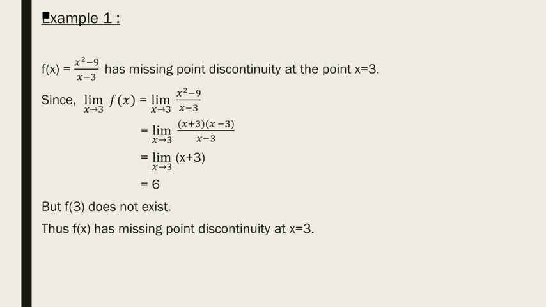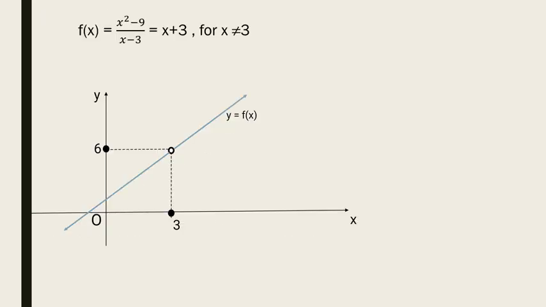If you find the limit of the function at the given point, limit as x tends to 3 of x square minus 9 by x minus 3, and substitute x value 3, what do you get? Numerator 9 minus 9, 0. Denominator 3 minus 3, 0. So it is taking the 0 by 0 form, which is an indeterminate form.